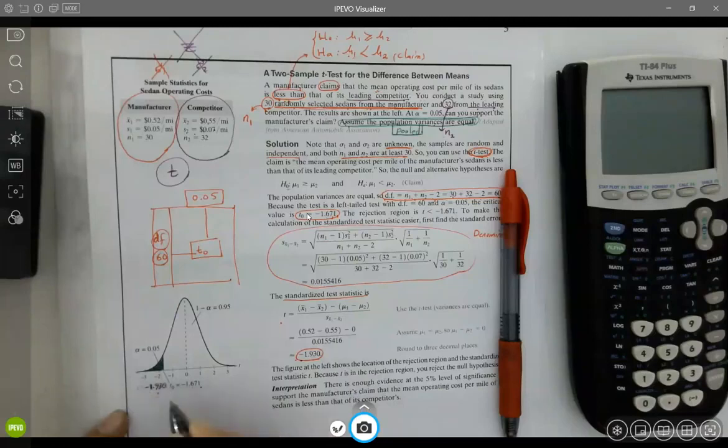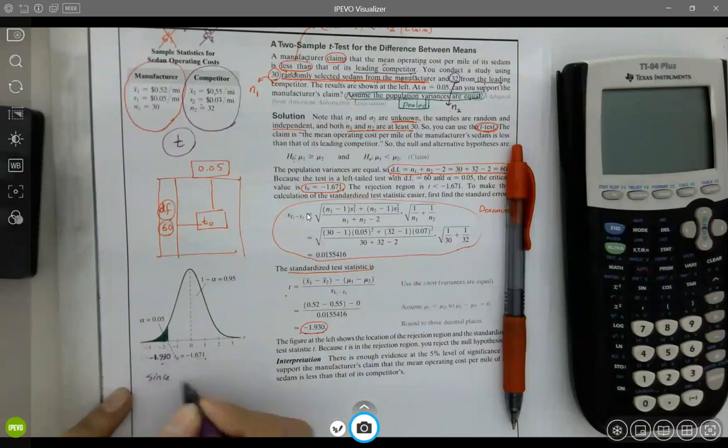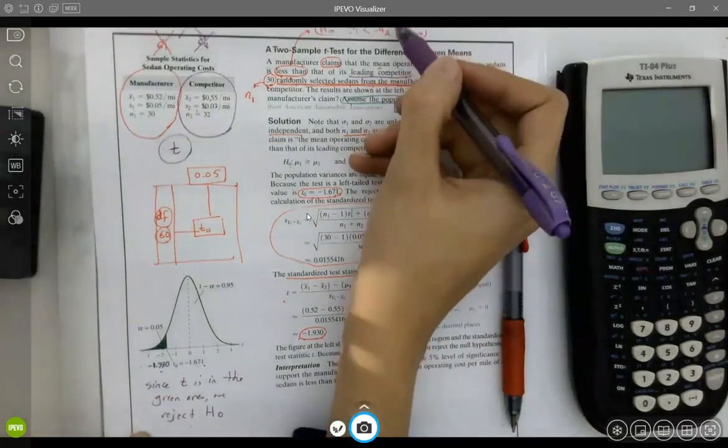And you say that since t is in the green area, we reject the null hypothesis. We reject the null hypothesis.